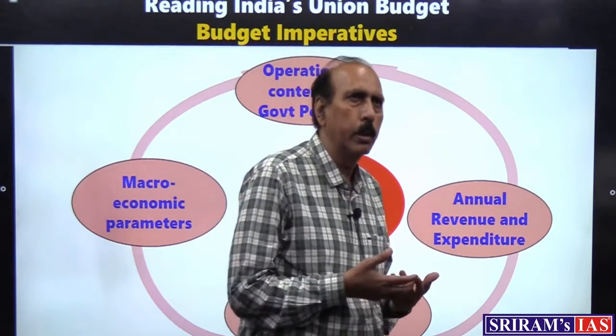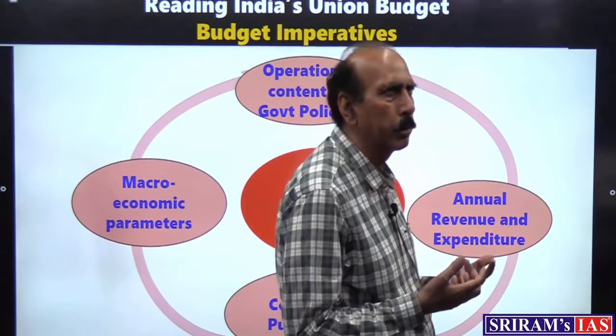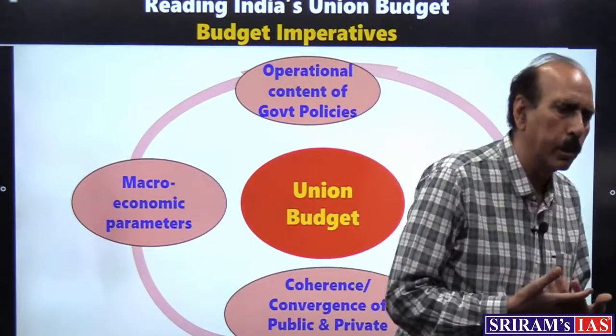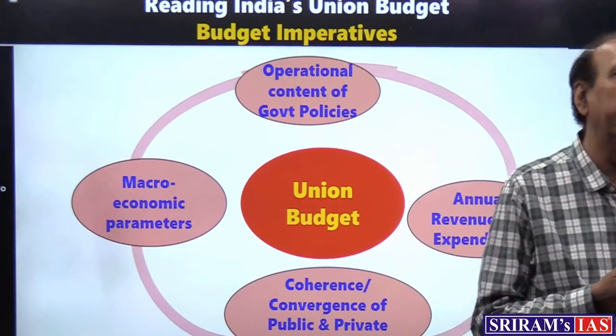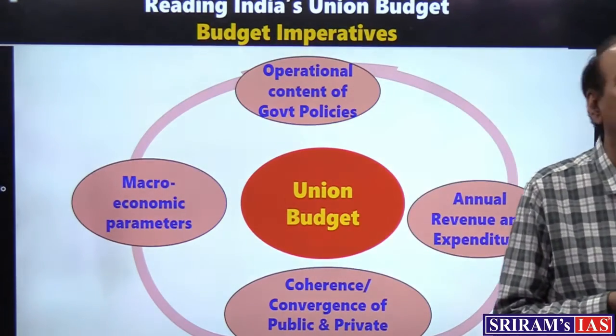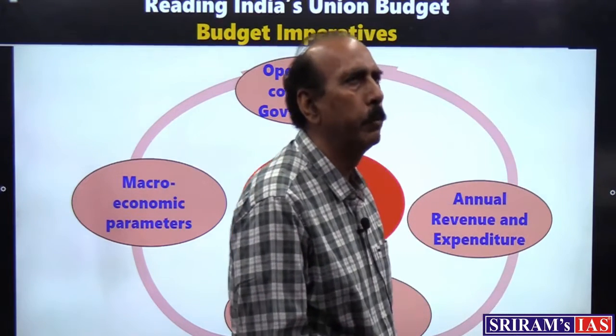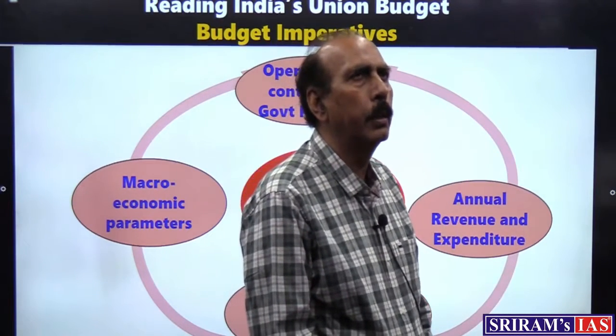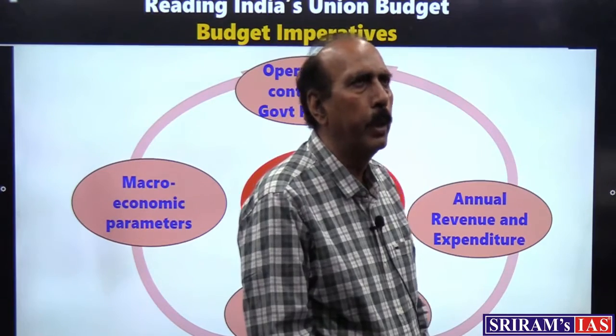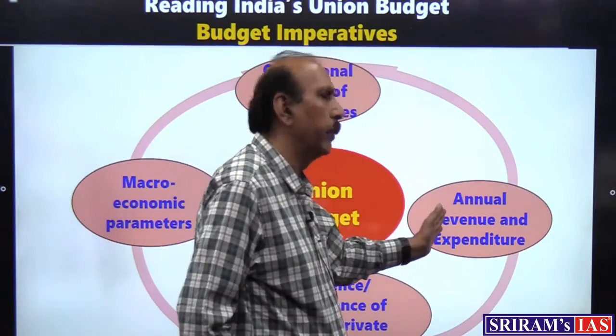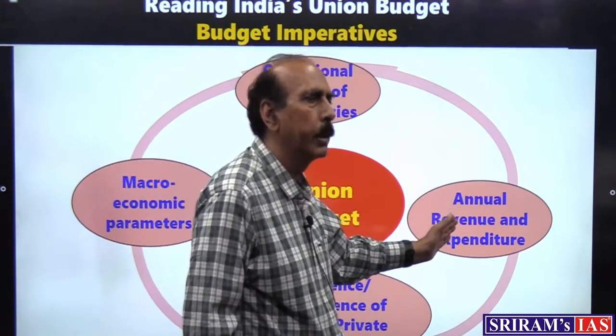If you look at the Constitution itself, it doesn't use the term budget. It only says that an annual financial statement has to be laid in the parliament every year by the government under Article 112. And therefore it is a statement of the annual expenditure and revenue of the government.